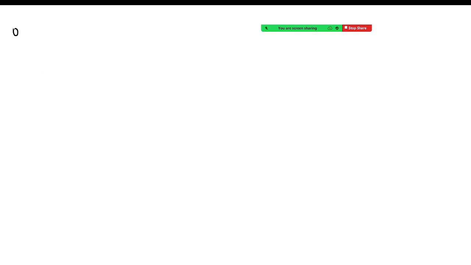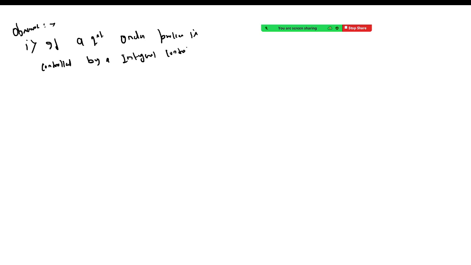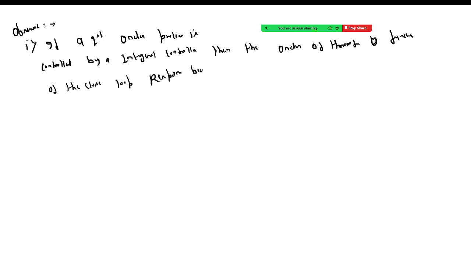So the observation from here, what you can see, is that if a first order process is controlled by an integral control, then the order of the transfer function of the closed loop response becomes second order.